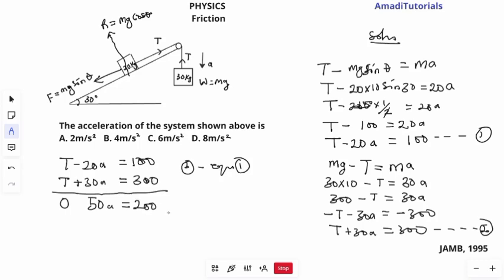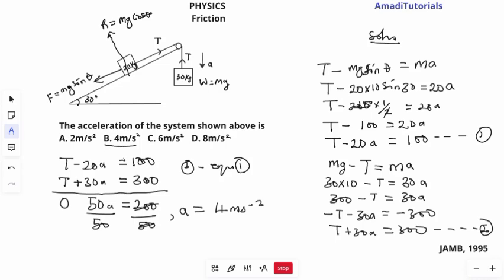Okay, so if you divide both sides by 50 to make A the subject, you have that A equals 200 over 50, which is 4 meters per second squared. So the acceleration A of the system is 4 meters per second squared, which is option B.